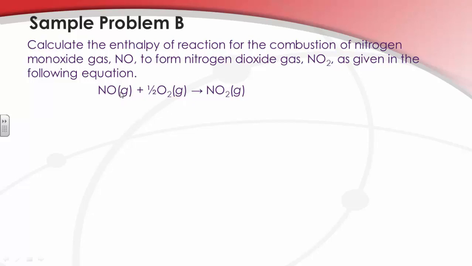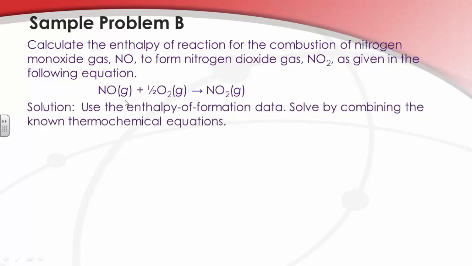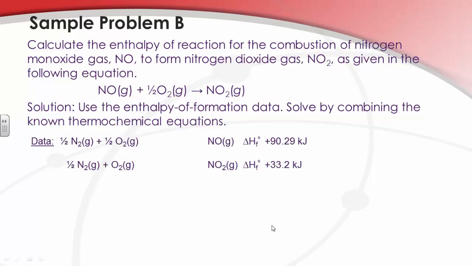What we need to do is focus on this reactant, which is not in elemental form, and this product, which is not. These are the ones where we have to go and look up the enthalpies of formation. So we go and look those up, and we write the expressions for them.